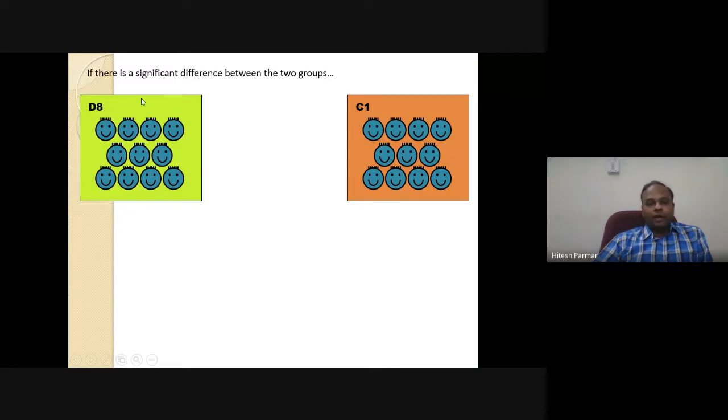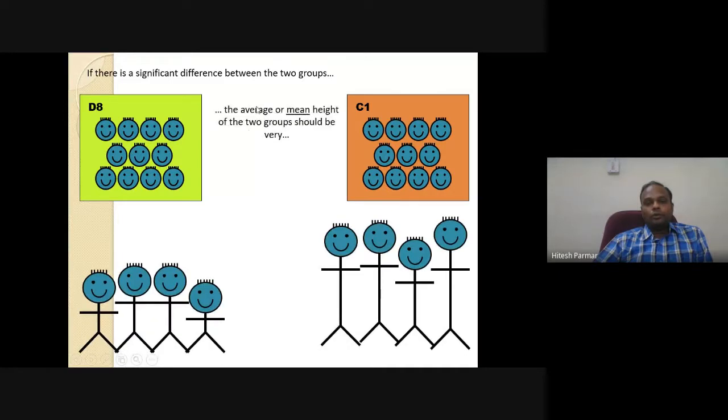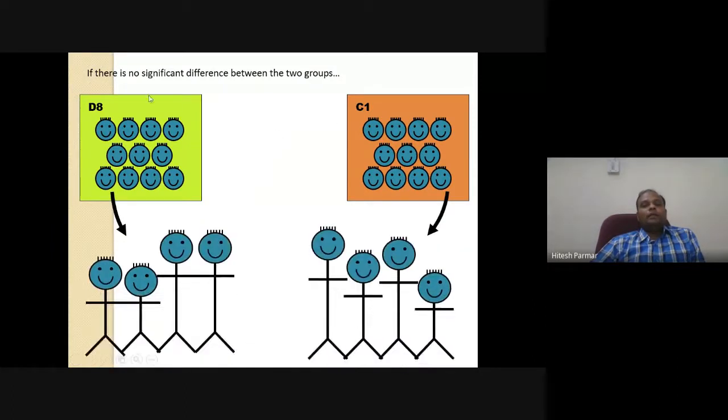And then if we find that there is a significant difference between these two groups, then the average or mean height of the two groups would be very different. And if we find that there is no significant difference between these two groups, then the average or mean height of the two groups would be very similar.